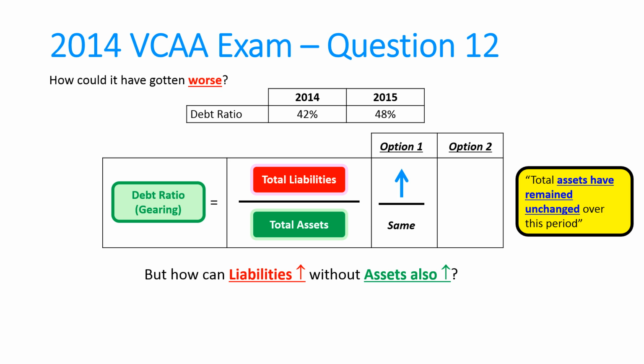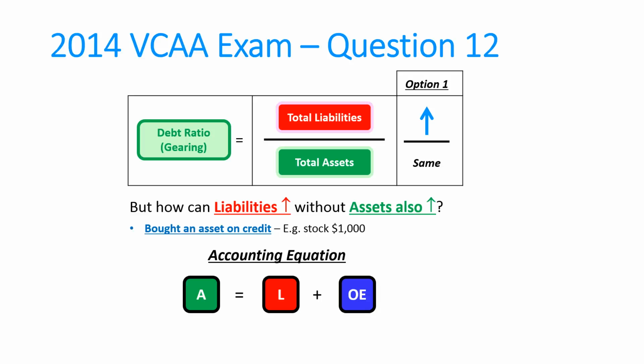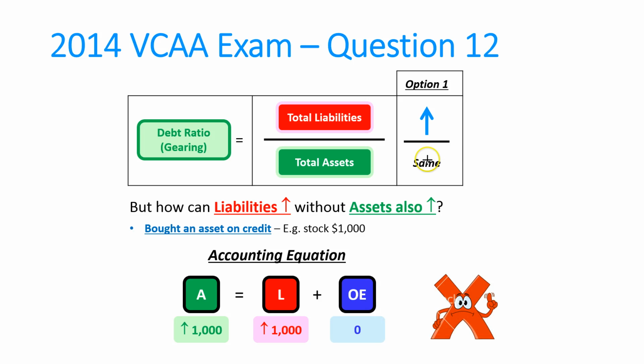But now I need to talk about how I can have liabilities go up but not have assets go up at the same time. For example, if I bought some stock on credit, liabilities would go up, which is what we need to happen. So what we're looking for is, can I get liabilities to go up but have assets stay the same? Now, if I buy stock on credit, yes, liabilities go up, but my problem is so do assets, and that's not going to work, because the question specifically said assets did stay the same.